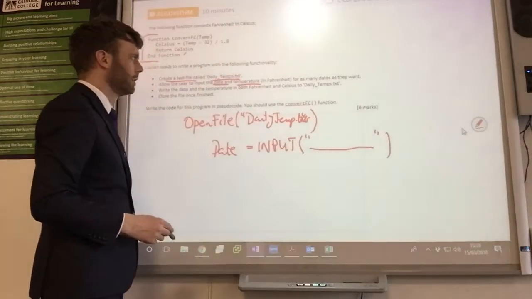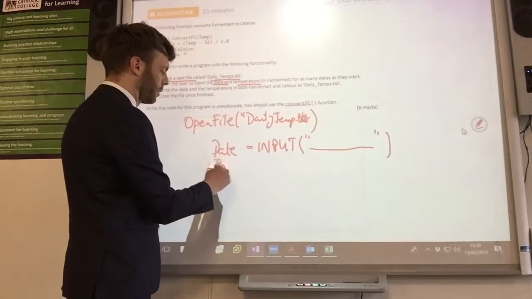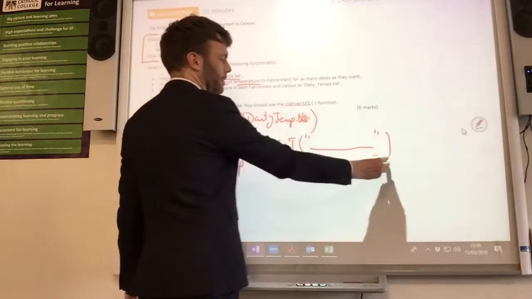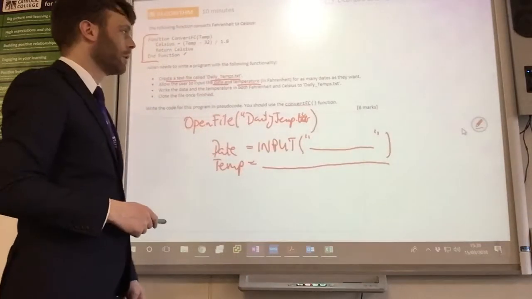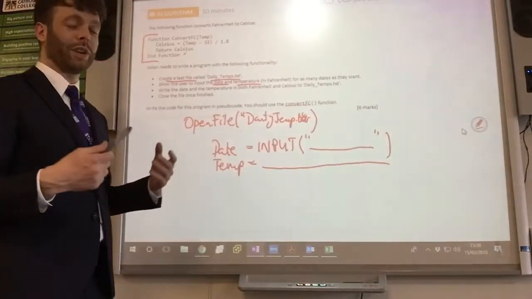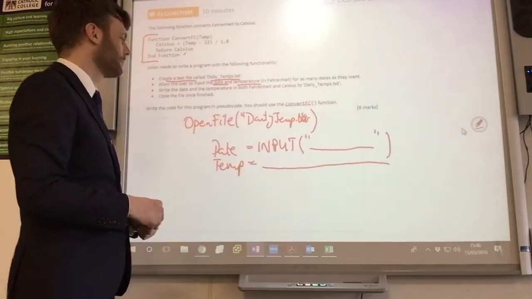Then we'll do a very similar thing for the temperature. So maybe call that temp equals input, and then a message to the user. Now for this one, don't forget our users need to enter the temperature in Fahrenheit. So it's probably worth including that in your message to the user to make sure they enter the right thing.